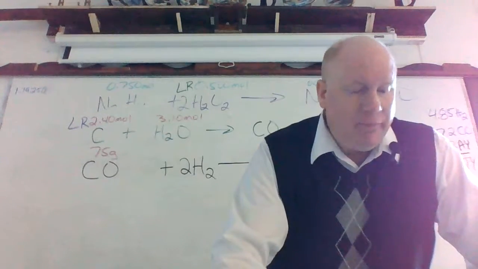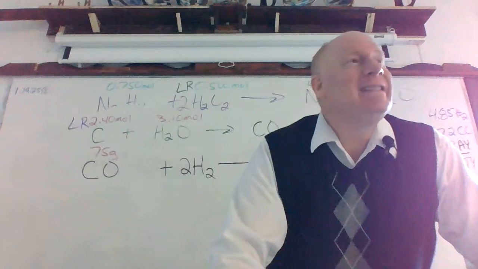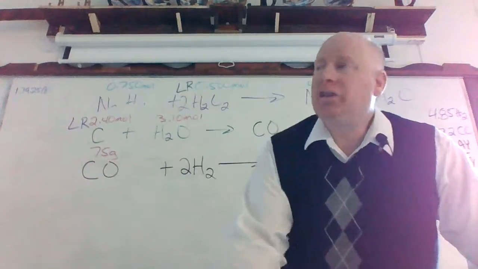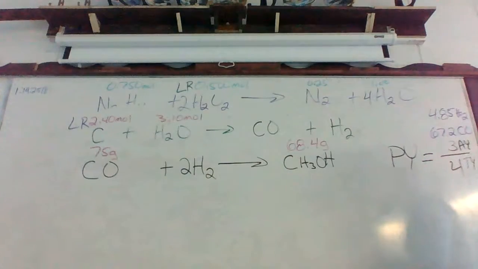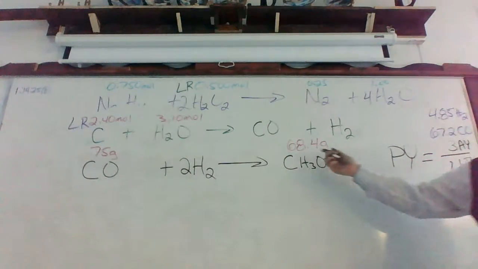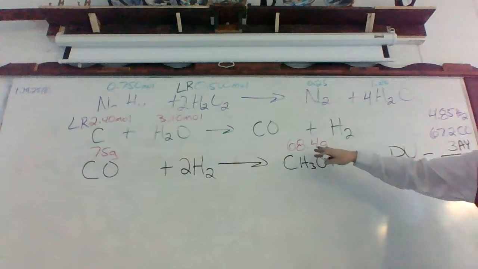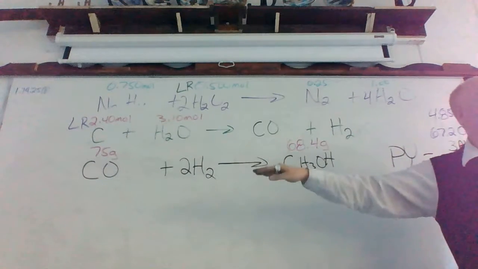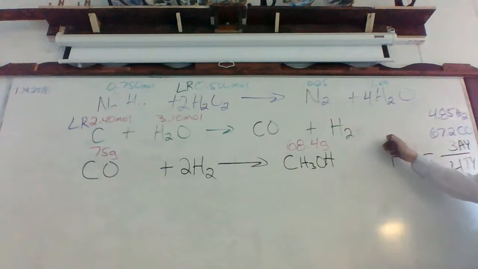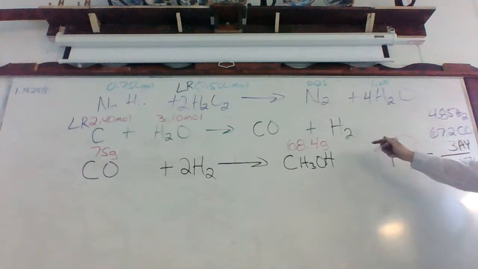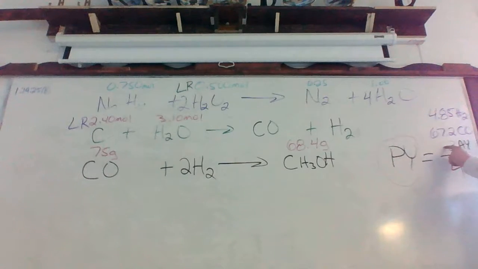Of those, which one is the actual yield? Is it 75 or is it 68? It's this one, because this is what was actually produced in this reaction. So the 68 goes up here.